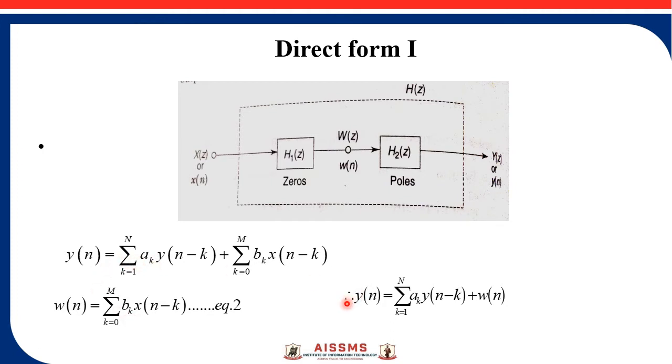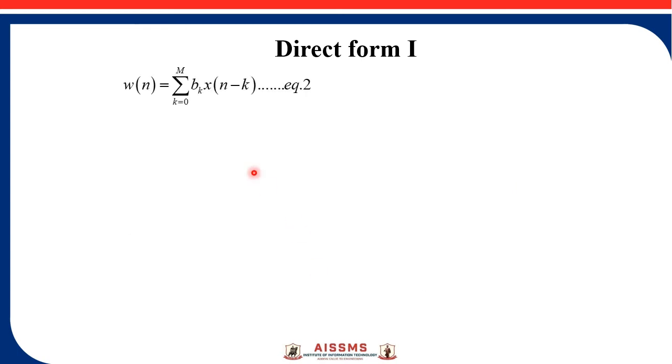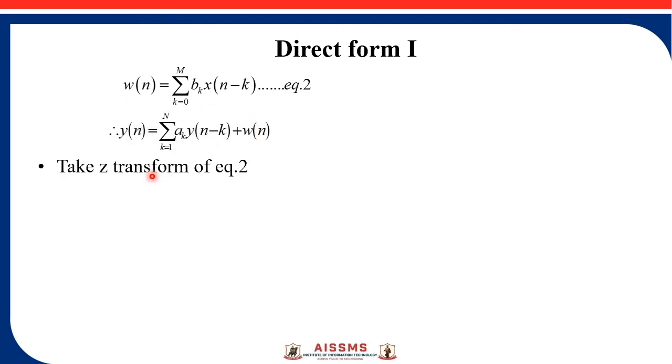So we will get y of n is equal to summation k varying from 1 to N a k y of n minus k plus w of n. Once again, I have rewritten what w of n is and this y of n for your reference.